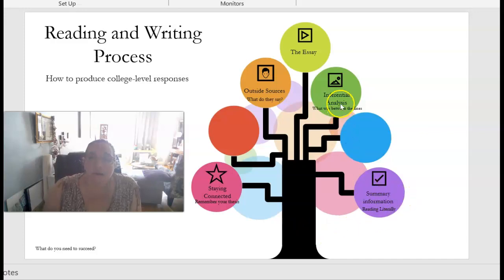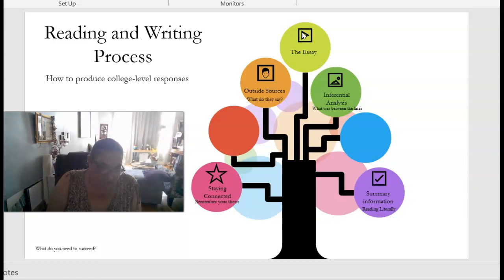What did I see that was between the lines? And then this part of your paper is what's beyond the lines. So if we're looking down, what is it that you're saying on the topic? Then consider what's between the lines. What do I think about what they say? What's implied? That's over here. And remember to keep it all connected.